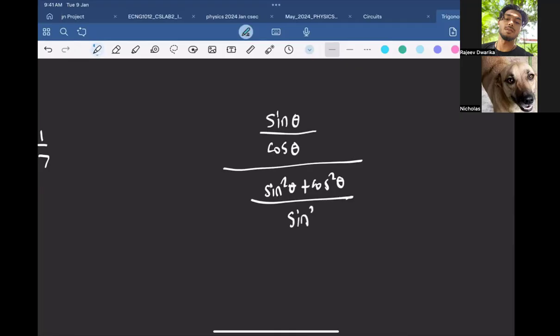You've got to use the identities, but before the identities, how are we going to write that? Sine theta over cos theta divided by sine squared theta plus cos squared theta over sine squared theta, and now we could possibly look to simplify.